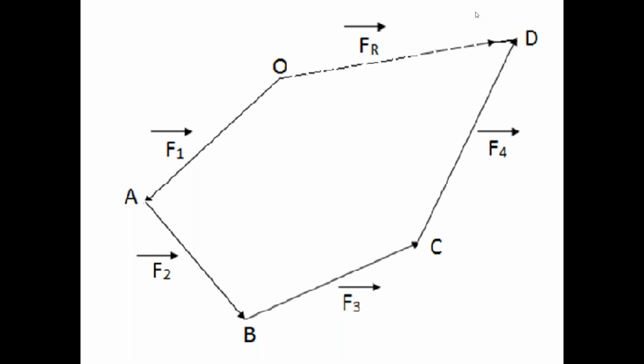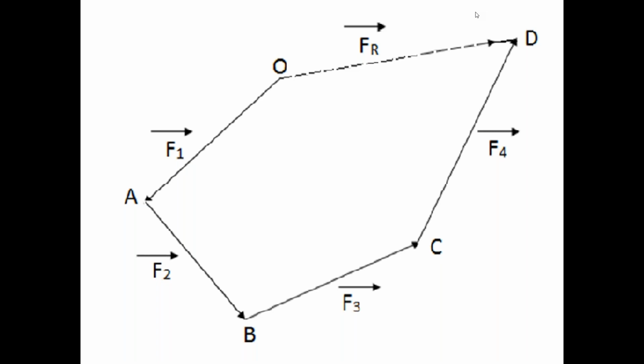We can apply the parallelogram law of forces and triangle law of forces to find the resultant force of only two coplanar concurrent forces F1 bar, F2 bar. Dear students, we are discussing the graphical methods to find the resultant force of the coplanar concurrent force system. We have three graphical methods: parallelogram law of forces, triangle law of forces, polygon law of forces.